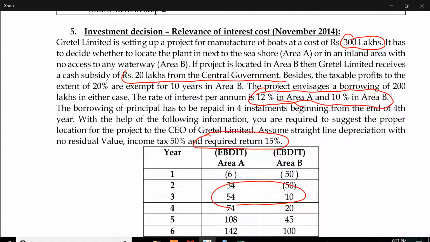Full stop. In this question, we cannot ignore interest expense.